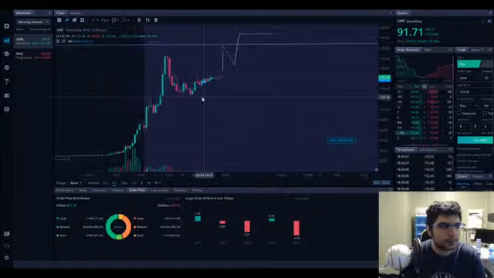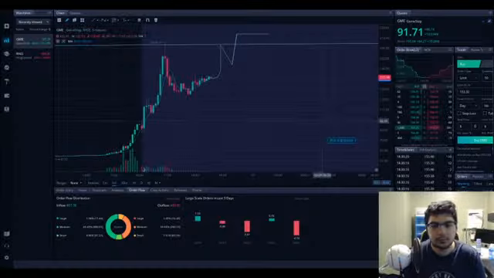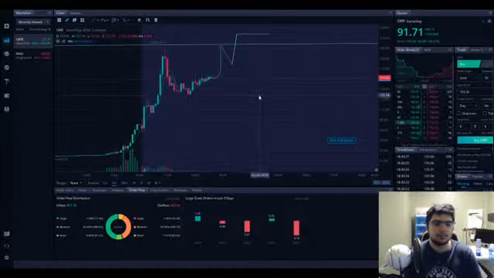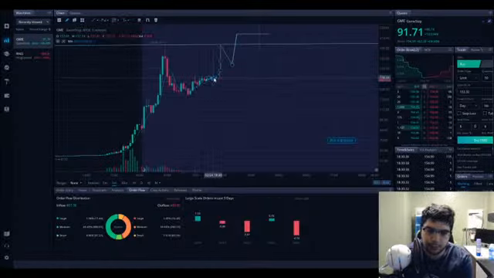So let's just see. If it does trade sideways for too long, then it's not going to create the cup, because it's not going to look like a cup anymore.